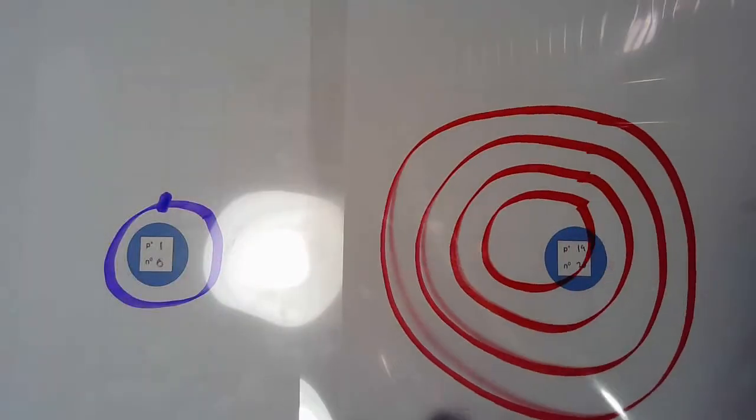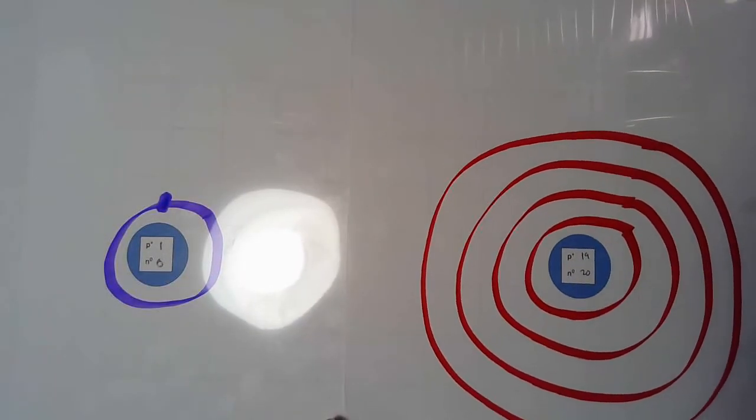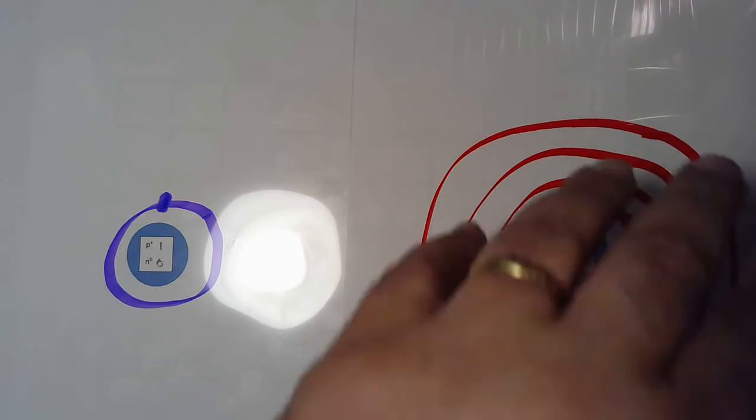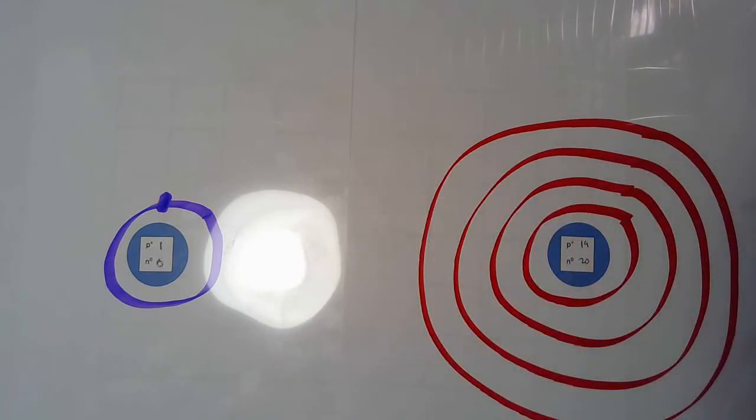The last one that we're going to talk about would be potassium. Potassium is in group 1, but it is in period 4, so it has 4 energy levels. So as I'm moving down the periodic table, my atomic radius increases because I'm adding a new energy level outside of the previous one. So from top to bottom, down a group, the atomic radius will increase.